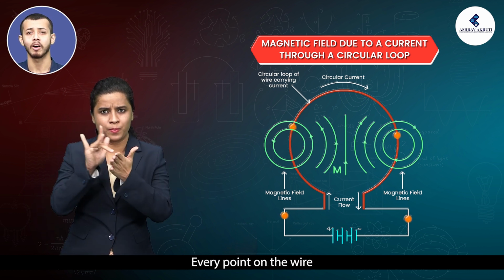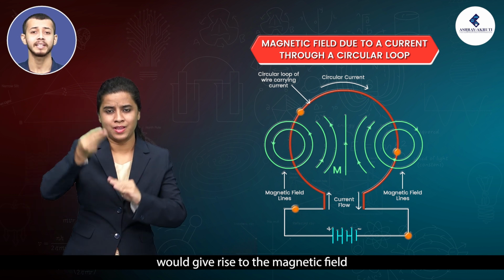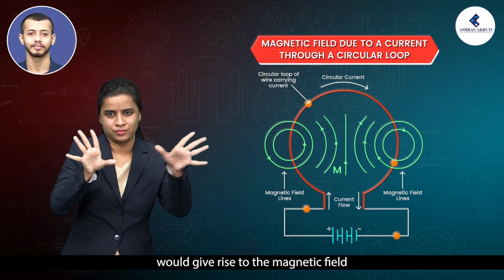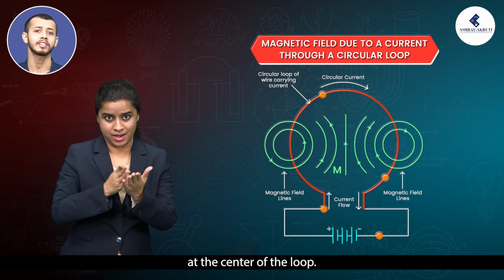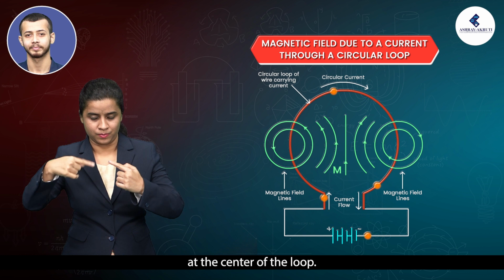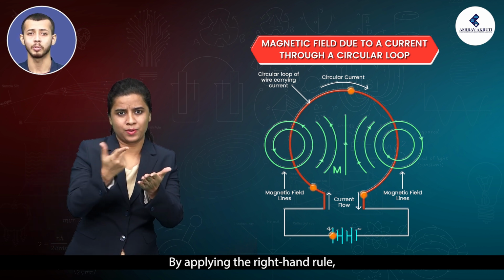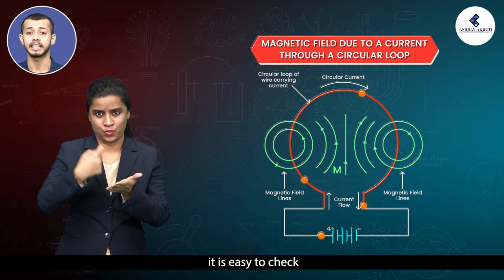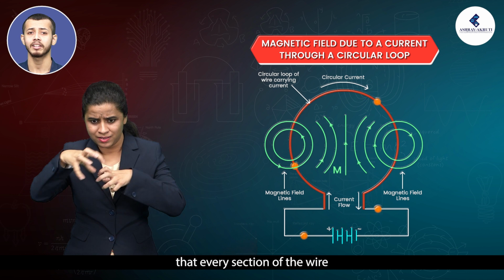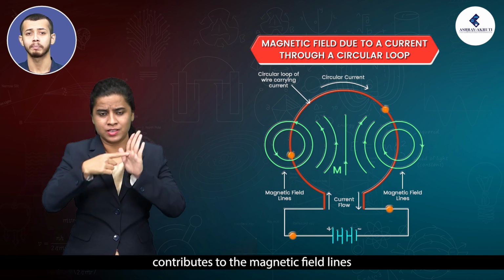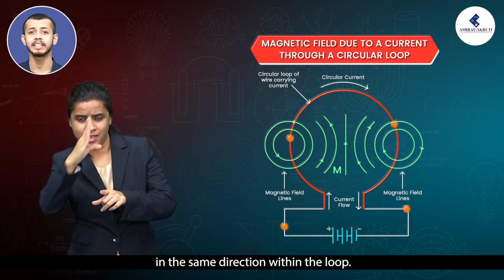Every point on the wire carrying current would give rise to the magnetic field appearing as straight lines at the center of the loop. By applying the right-hand rule, it is easy to check that every section of the wire contributes to the magnetic field lines in the same direction within the loop.